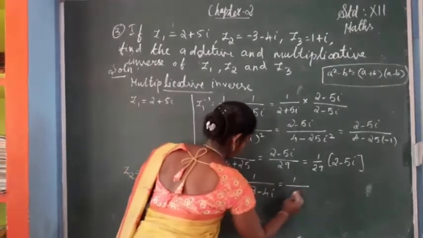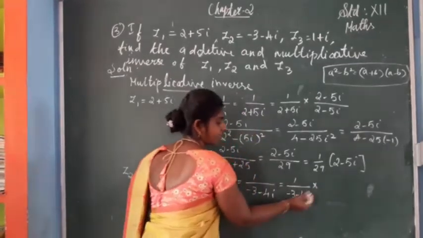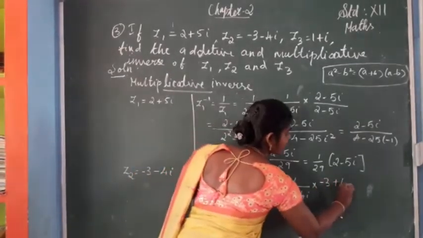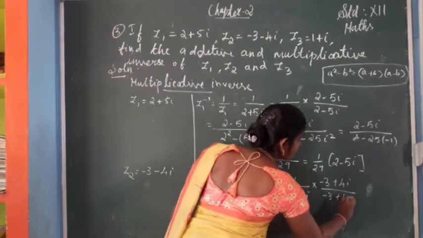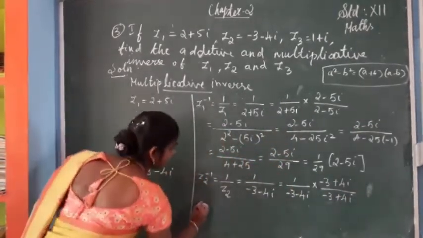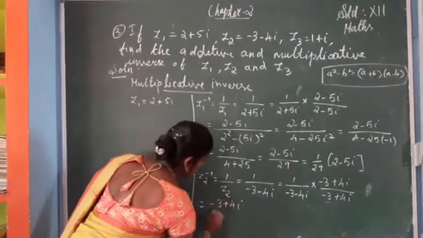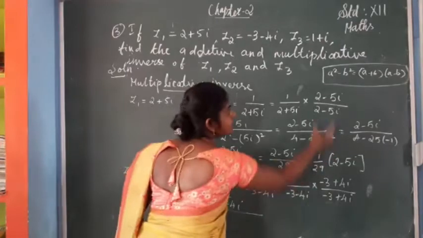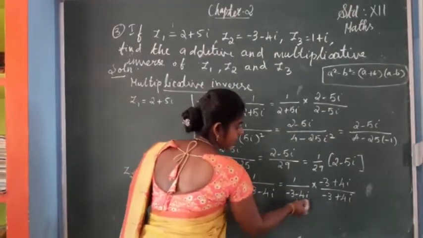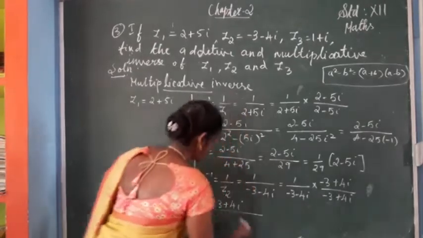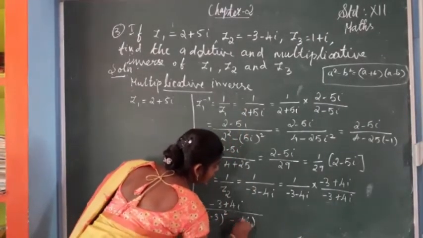So 1 by minus 3 minus 4i into the conjugate, minus 3 plus 4i divided by minus 3 plus 4i. For the denominator, you can use the formula a square minus b square, so minus 3 is a and 4i is b. So minus 3 the whole square minus 4i the whole square.